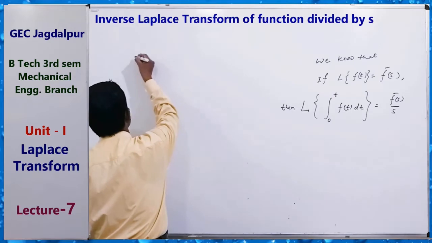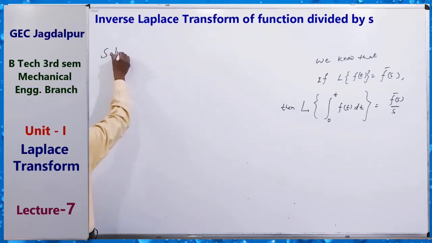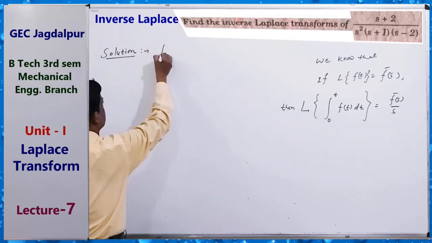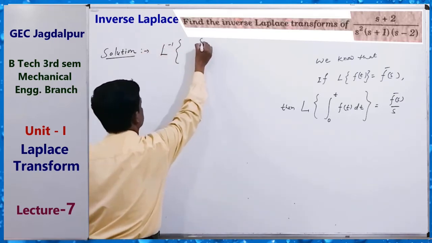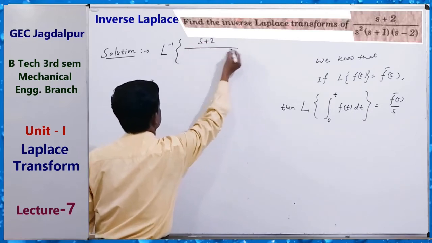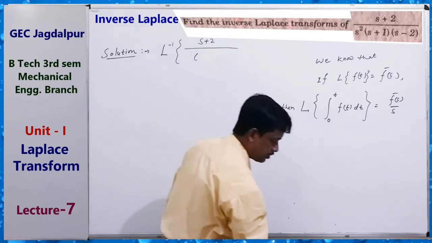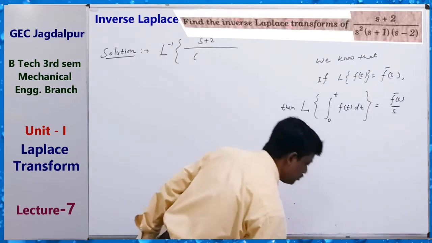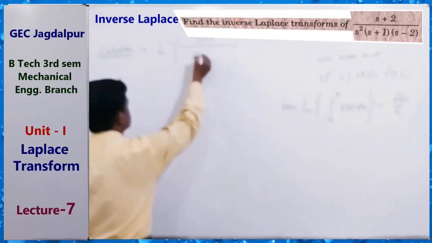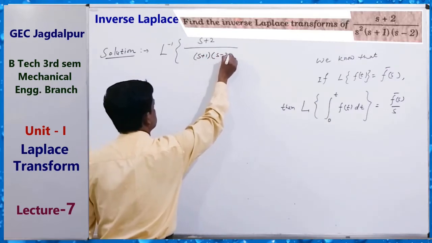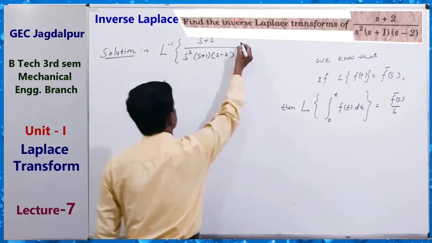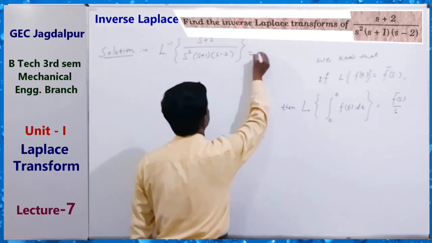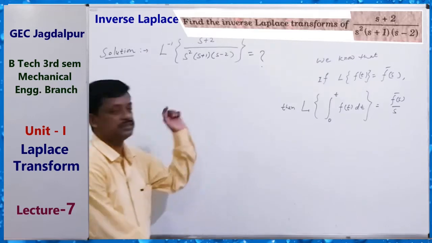Solution: L inverse of s plus 2 upon s plus 1, s minus 2, s square. This is our question. Okay, we have to find this.